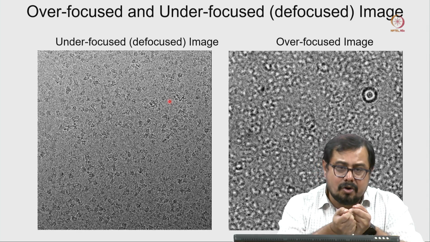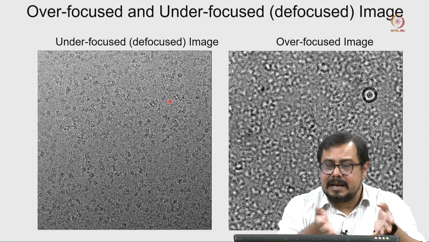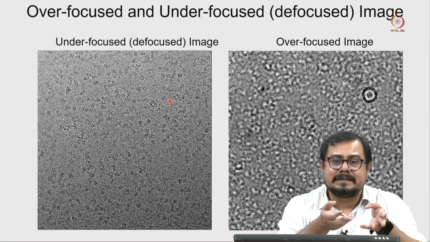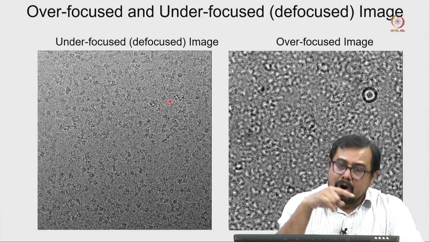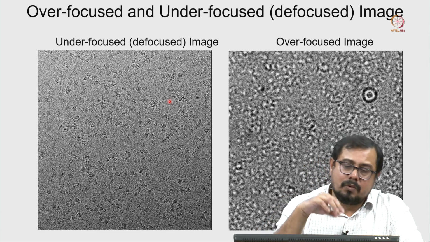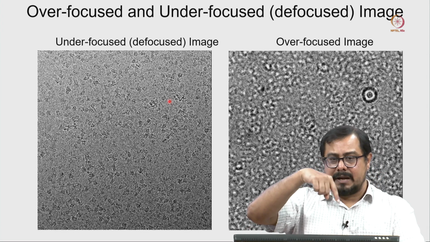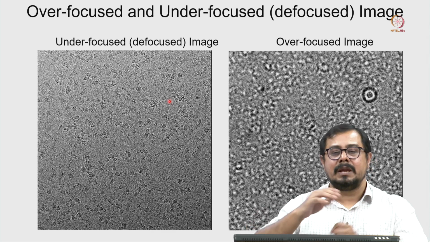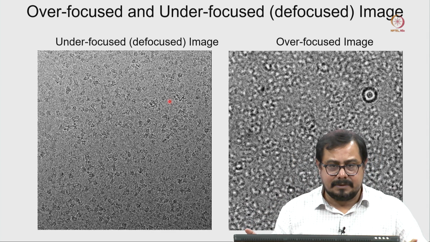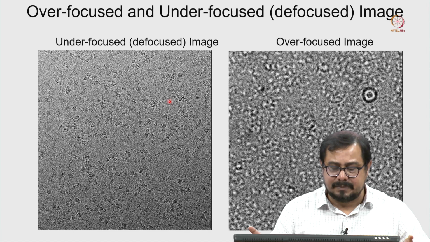Also it is always good to use some kind of defocus value. Generally for biological science samples we use the under focused image, and the focus button, the objective lens current, is a circular button which you can rotate clockwise or anti-clockwise, which will give you an under focused or over focused image. Based on your requirement you can play around with those focus values.